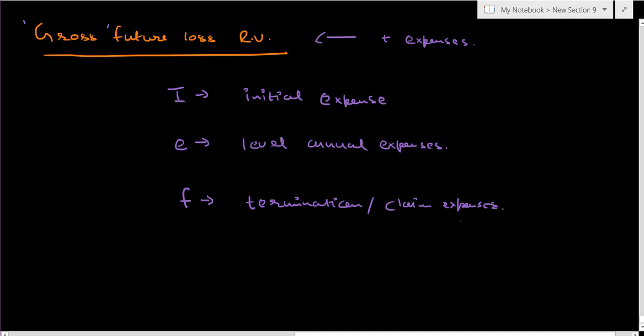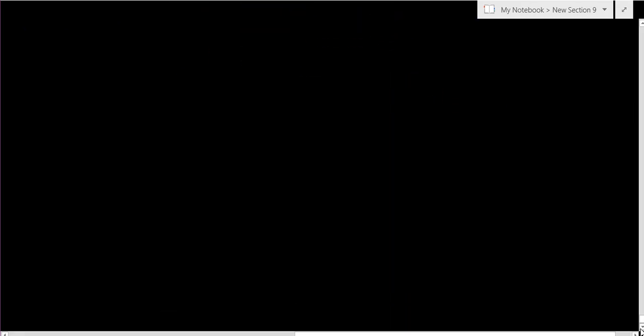So we have these three types of new expenses that we have to incorporate in the gross future loss random variable. Let us start by taking an example.